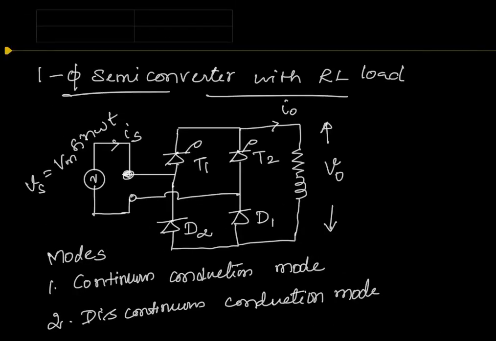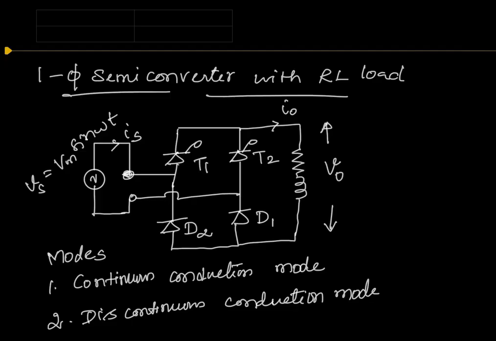Since the load current is not 0, T1 will continue to carry the load current along with D2. This T1 and D2 combination will now serve as the freewheeling path for the load current, constituting the freewheeling mode.